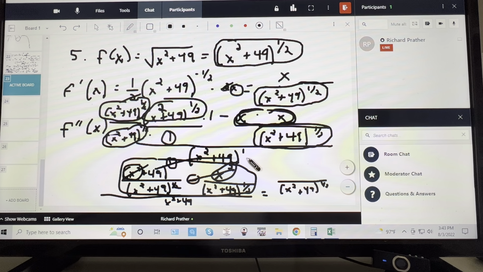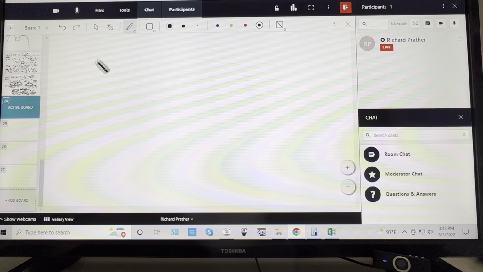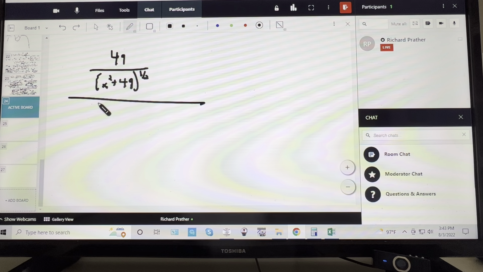So you just have this 49 right there. And then you still have this overall denominator. So what that simplifies to right now is 49 over x squared plus 49 to the 1/2 power, over x squared plus 49 to the first power.